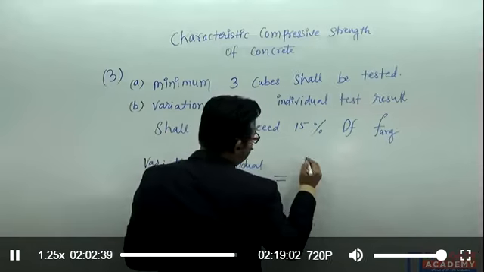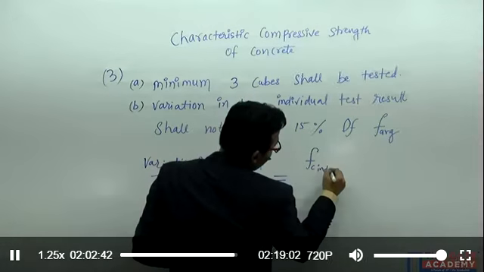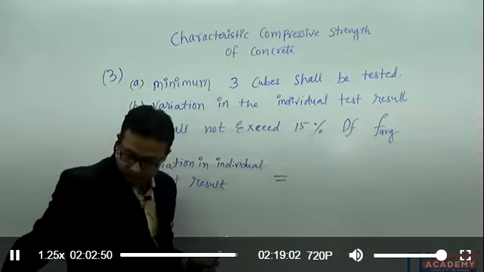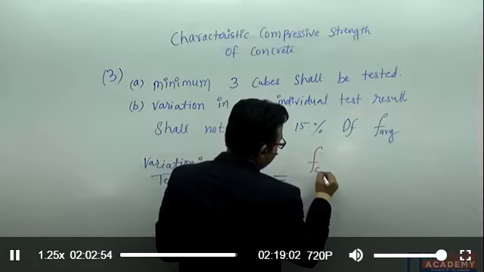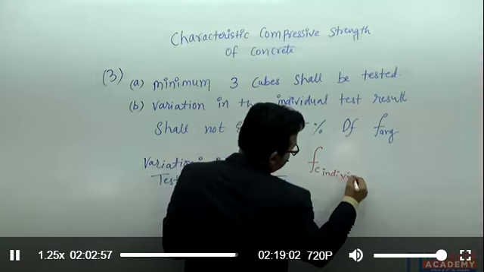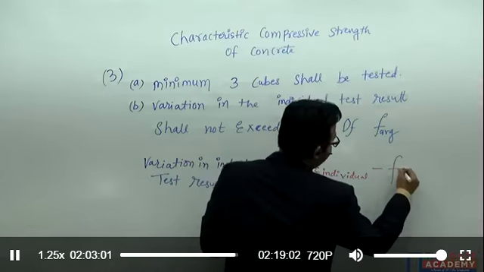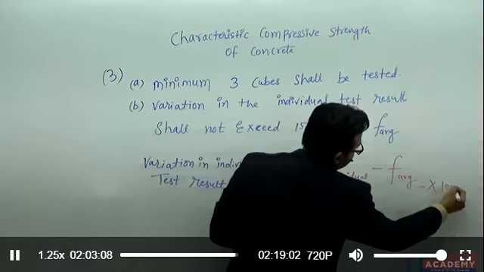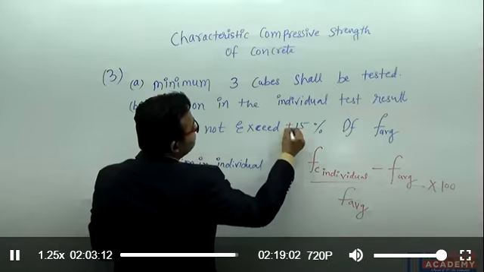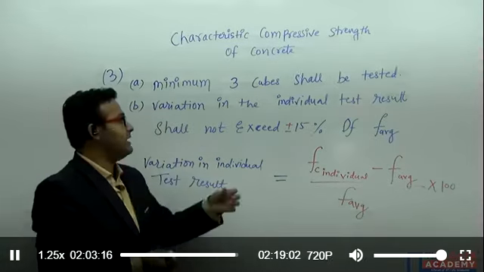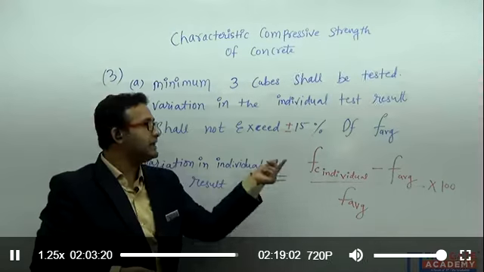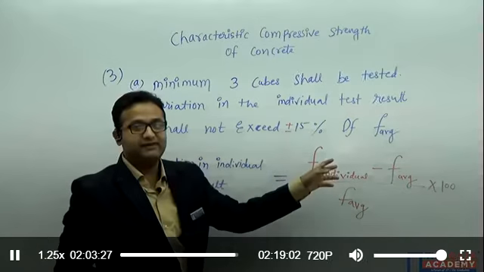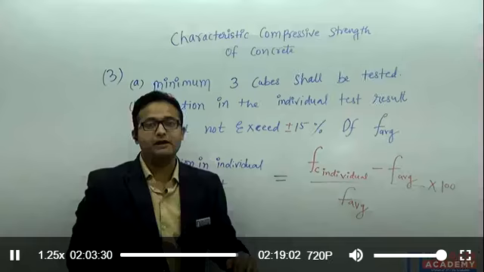This means we can calculate the variation as (fc individual minus f average) divided by f average into 100. Here it may be plus or minus. This 15% variation may be plus minus. We'll solve a problem, then we'll come to know. So the variation in individual test results shall not exceed 15%, and the percentage may be in plus or minus sign.